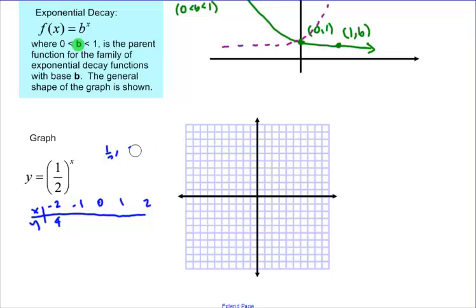Then, let's look at the next one. 1/2 to the -1 is the same thing as 2. And then 0. 1/2 to the 0 is the same thing as 1 to the 0 over 2 to the 0, which is 1.